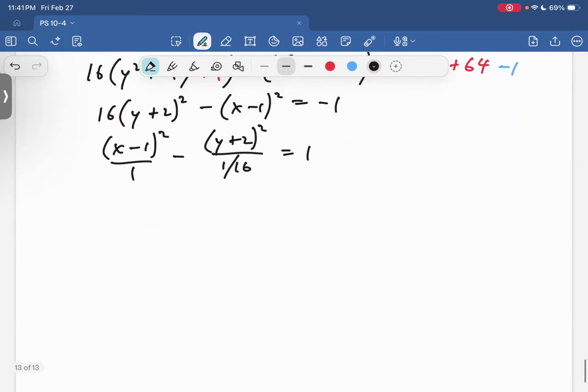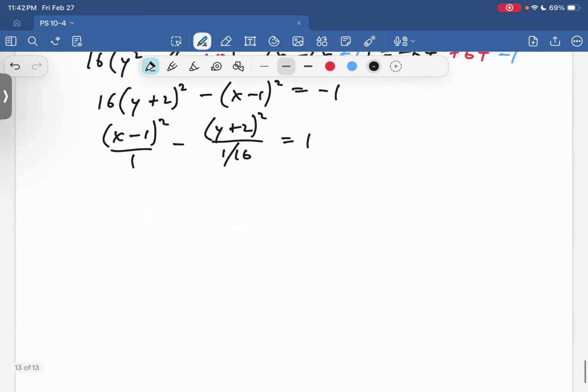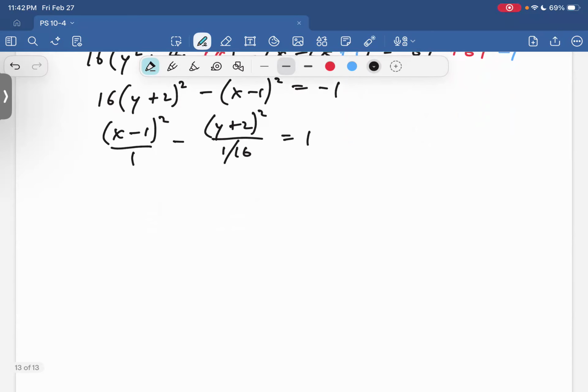For an ellipse, this would not be possible, right? But for a hyperbola, that's totally okay. So the center is at 1, negative 2. A is equal to 1, B is 1/4, and C would be equal to root 17 over 4, like that.